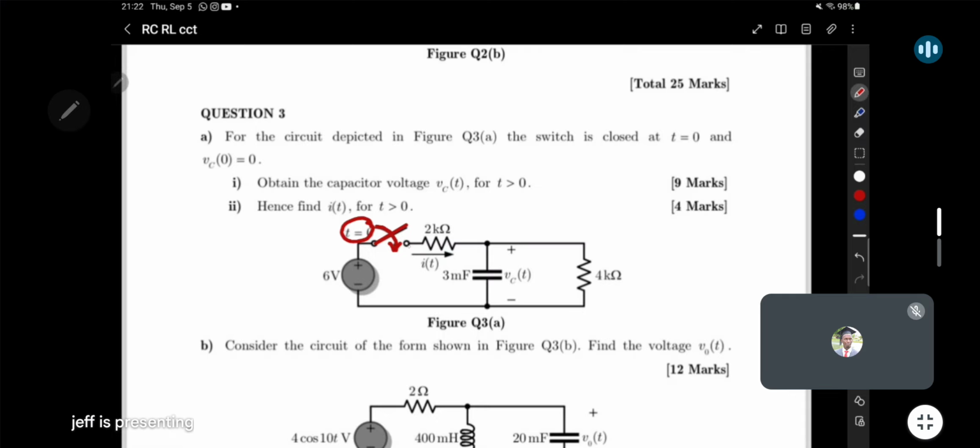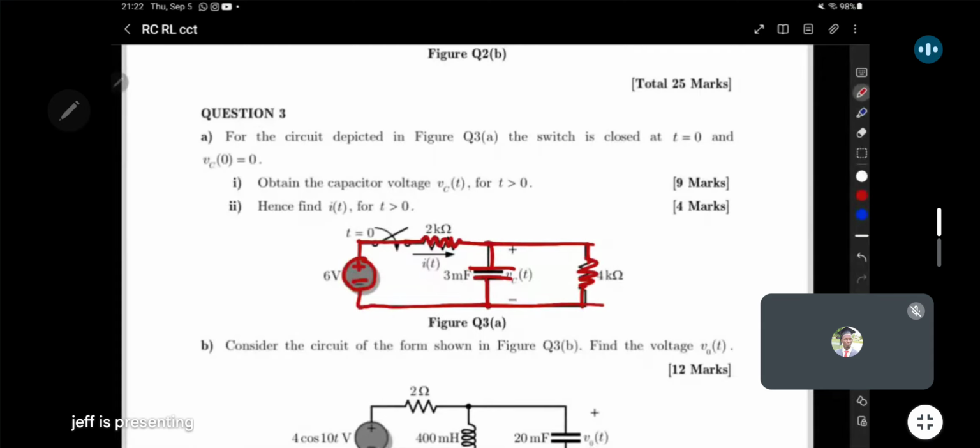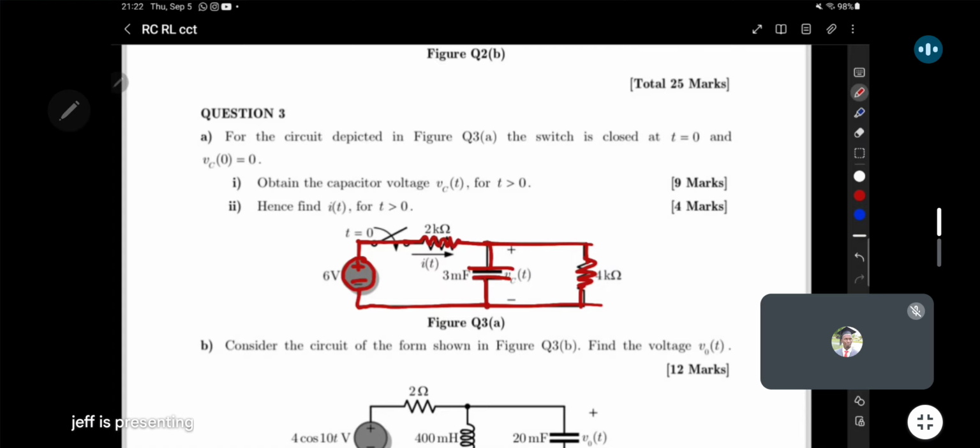We see that now the source is going to be part of the circuit, because the circuit will now have this, and then the resistor, then the capacitor here, then the resistor there. So in this case, at t greater than 0, the source is definitely part of the action.